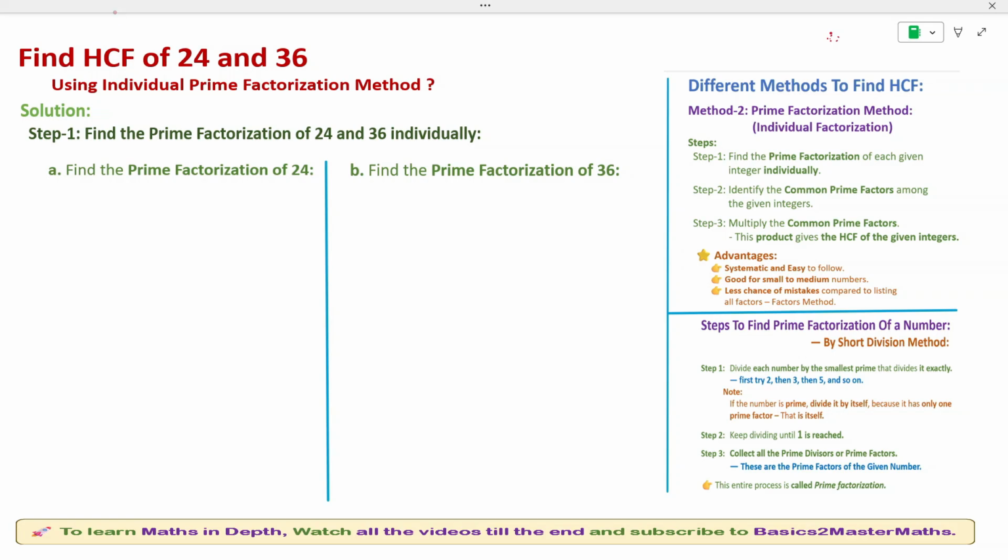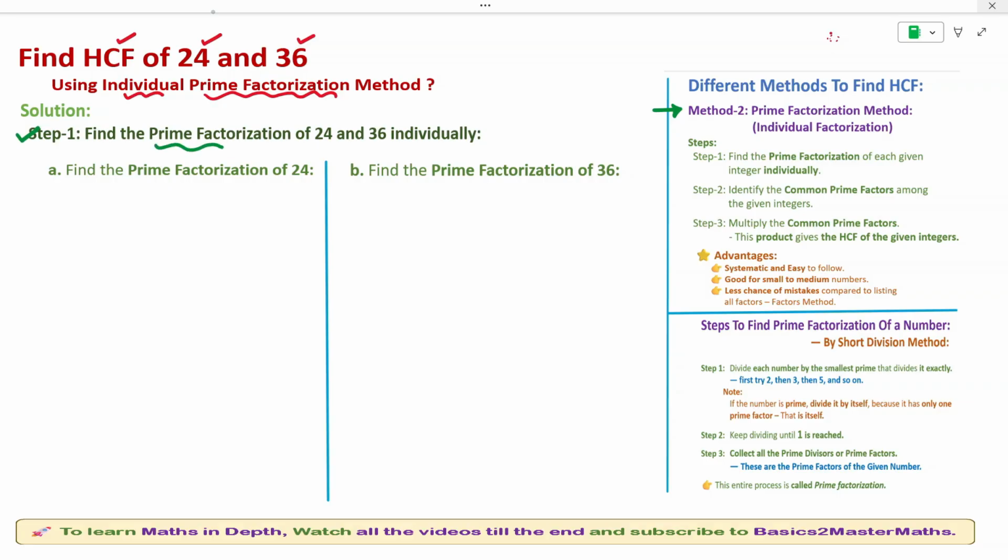Today we will see how to find HCF of 24 and 36 using individual prime factorization method. Before solving the problem, please go through the steps below. Step 1.